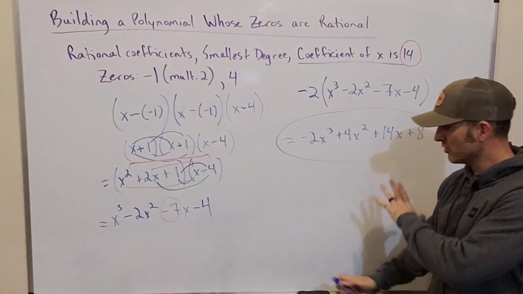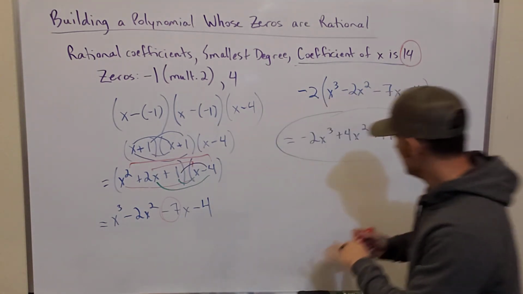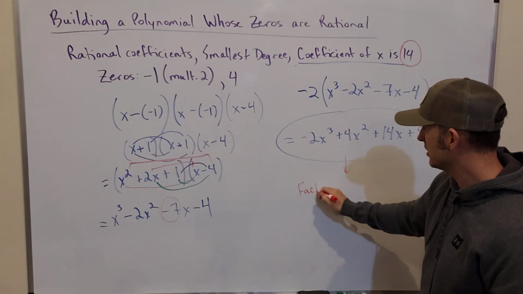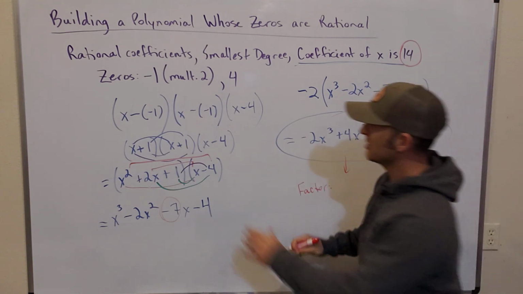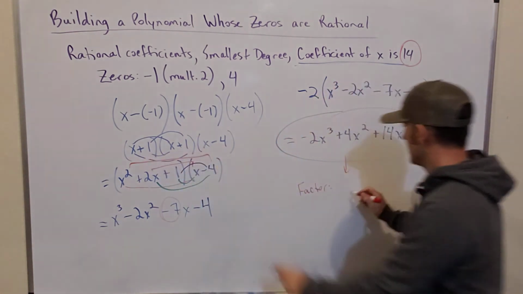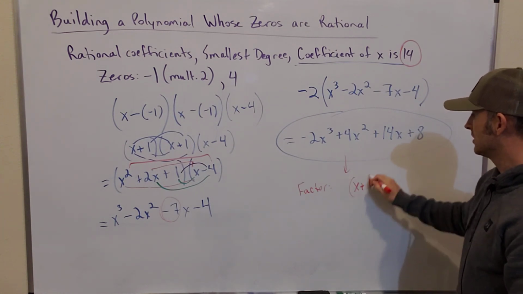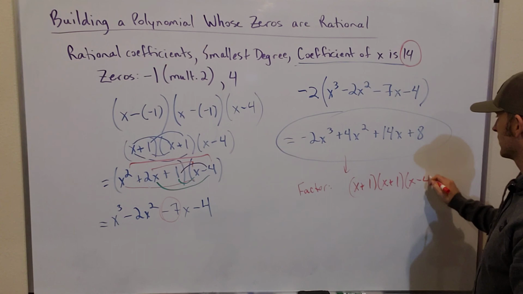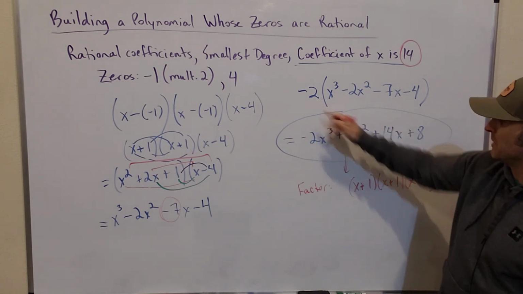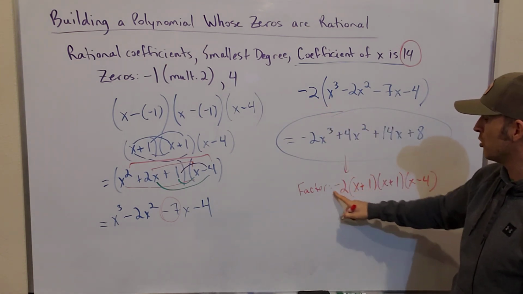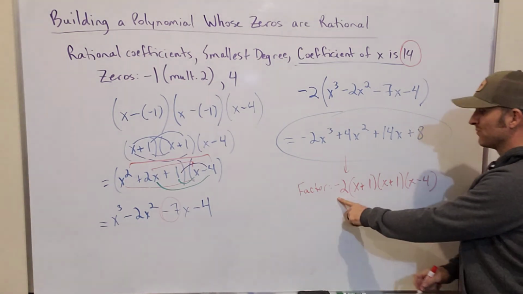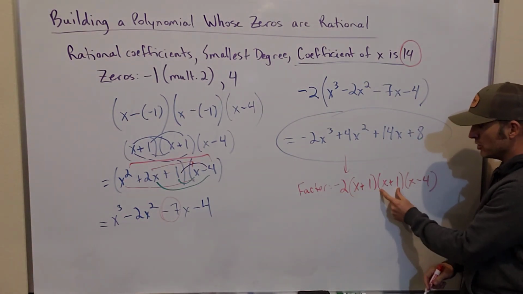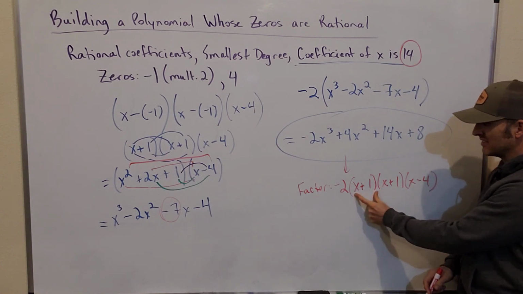But if you were to factor this, that's the final answer, by the way, but if you were to factor this, look at how it would factor. It's going to be x plus 1 times x plus 1 times x minus 4, because that's what we started with. But it's going to have this leading coefficient of -2. And you can see that if you put a coefficient out here, it does not affect your zeros. They're all intact, right?